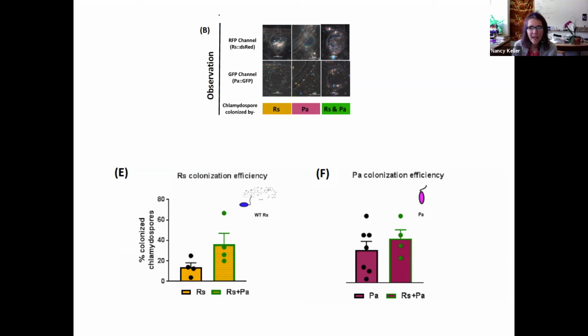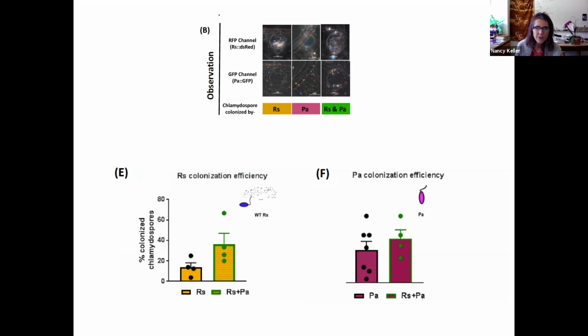And when she did that, we saw an increase in the number of Pseudomonas. So we think that obviously more than one bacterium can go inside the chlamydospore, but the relative amount of which bacterium is there might depend on which bacterium arrived first.